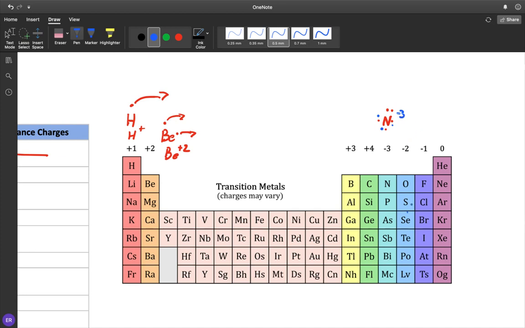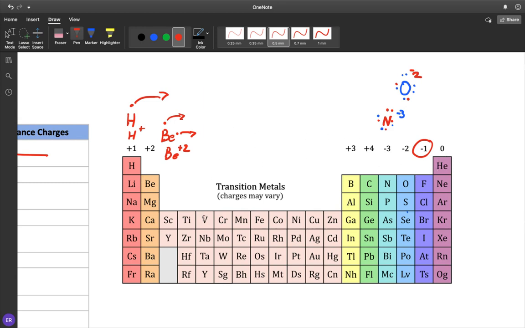And then over here, oxygen or group 16, right? Group 16 is going to have 1, 2, 3, 4, 5, 6. It's only going to gain 2 electrons. So it's going to be -2 or 2 negative. And so on. 17 only gets 1 electron, so it's going to be 1 negative. So that's how you can easily remember the charges.